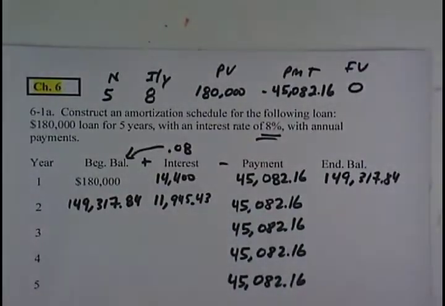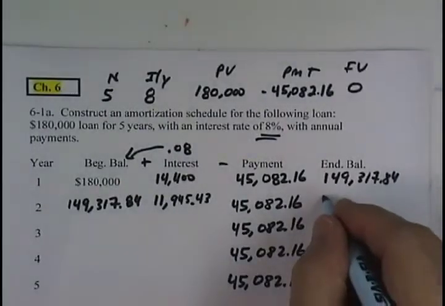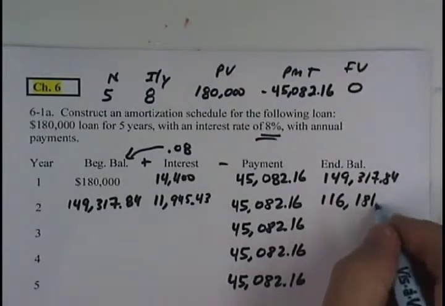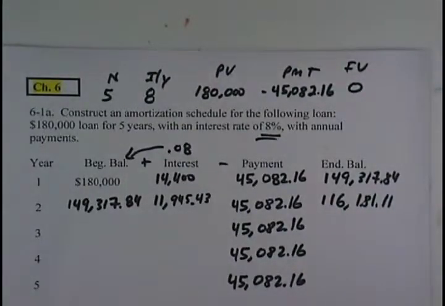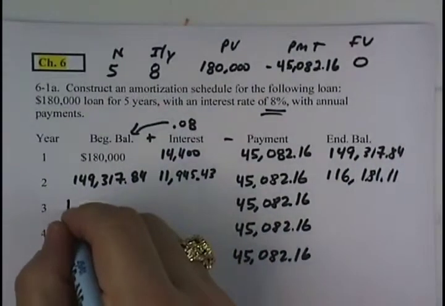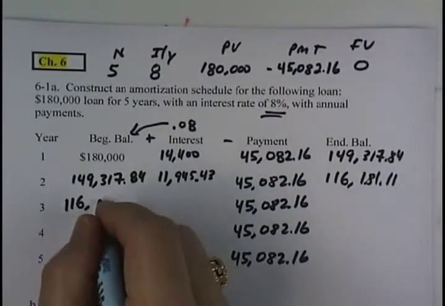That is added on to this $149,317.84 balance, and then my $45,082.16 payment is subtracted off. So after that payment is made, I owe $116,181.11. That becomes my beginning balance for my third row of my amortization table.